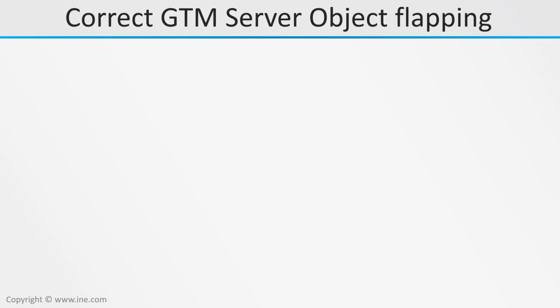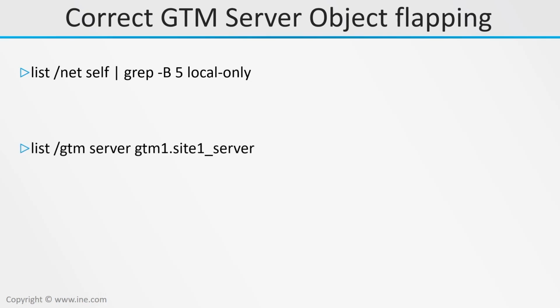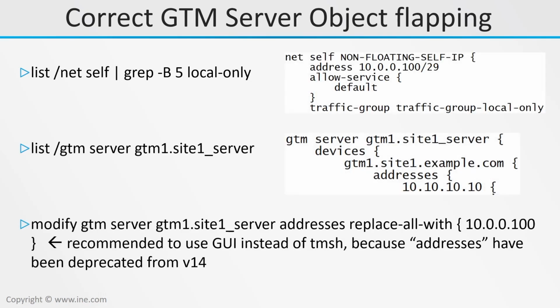Okay, so let's walk through an example of identifying if that server object is added correctly. If it isn't, let's go ahead and correct it. The first thing we want to do is check for a valid non-floating IP. We can do this in the GUI or via TMSH, the command line.